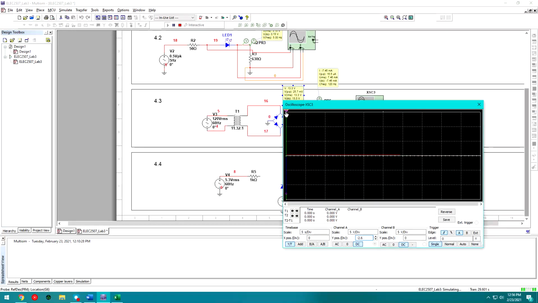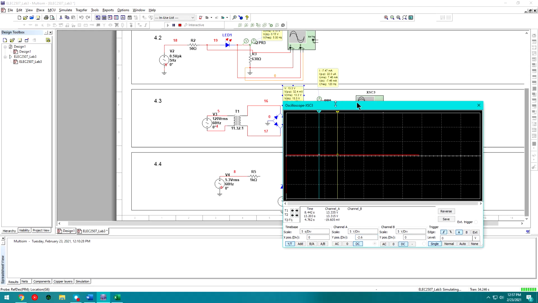We can see that this is a purely DC wave at this point. If we put our markers on there, there's basically no difference between marker A and marker B. Well, there is a slight difference, but it's so small to the second decimal that we can neglect it and say this is just a DC wave for all intents and purposes.